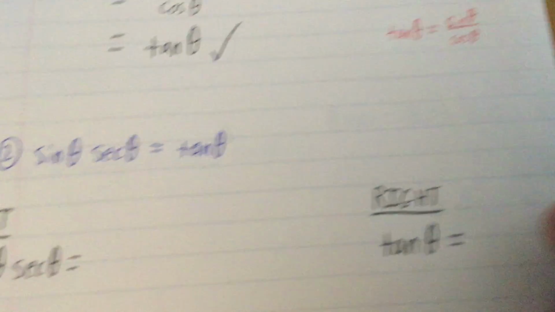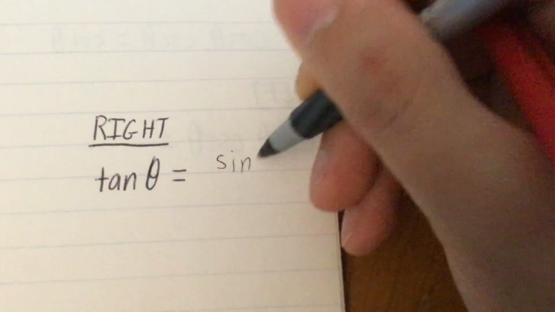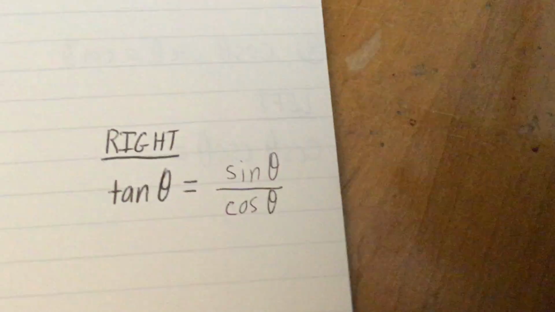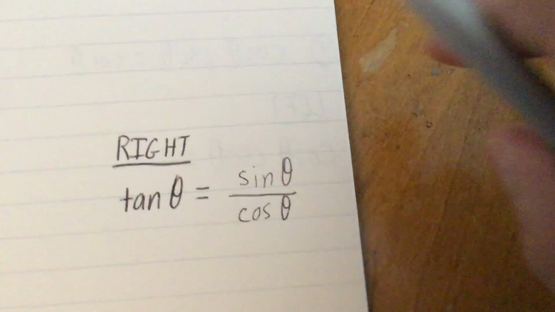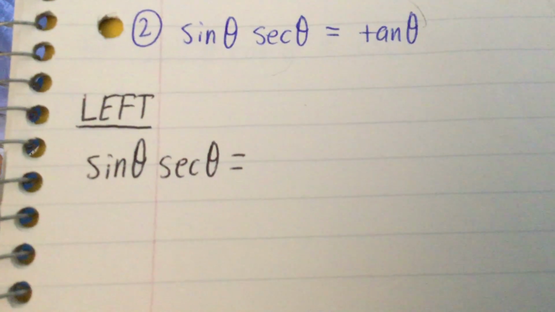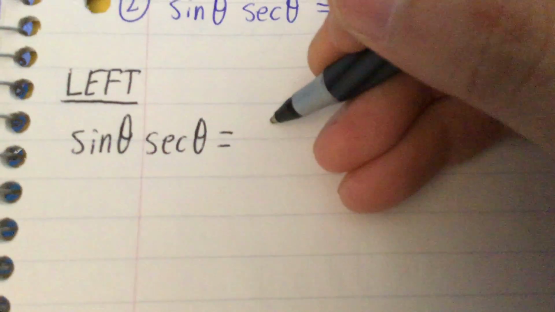It's just 1. But tangent of theta can be broken down into sine of theta over cosine of theta. Okay, so let's end it there for the right side. Okay, and then sine of theta, secant of theta. Well, I can't really do anything with sine of theta.